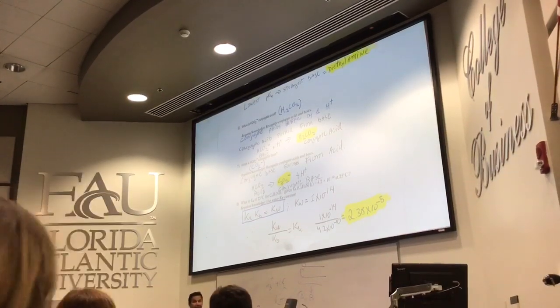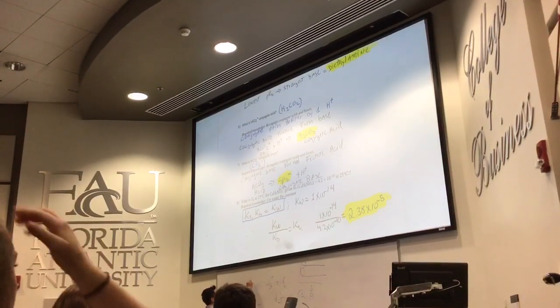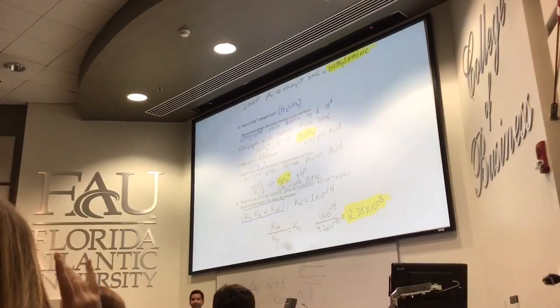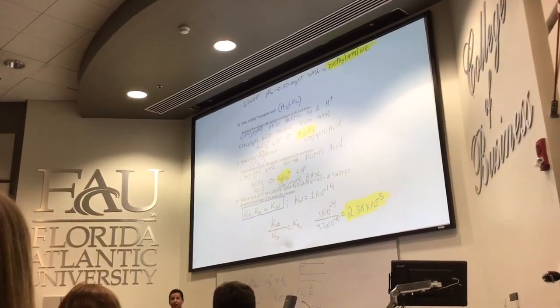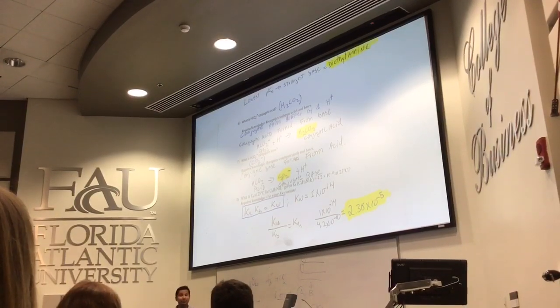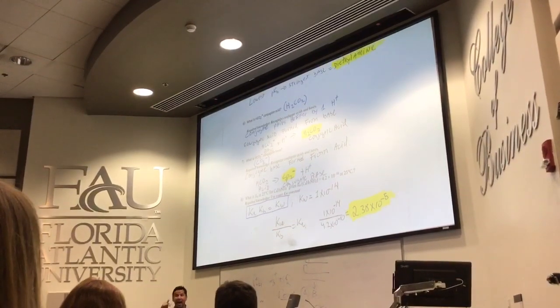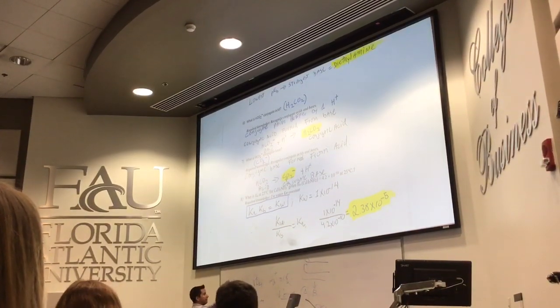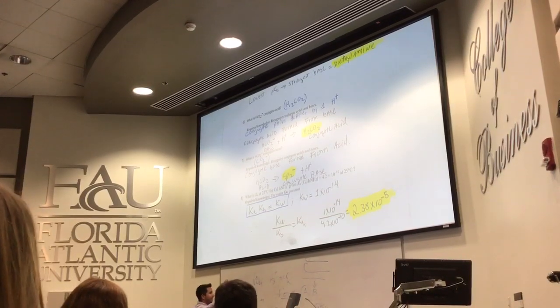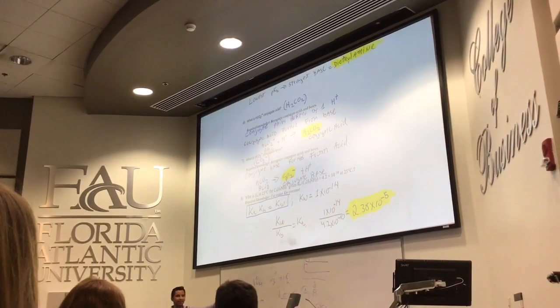H3PO4, correct? That's one thing. And then I have these. Are these conjugate pairs? No, this is a compound. No, they're not. This is not the conjugate pair of this. What is the conjugate pair of this? It's this. The base is PO4 3 minus.